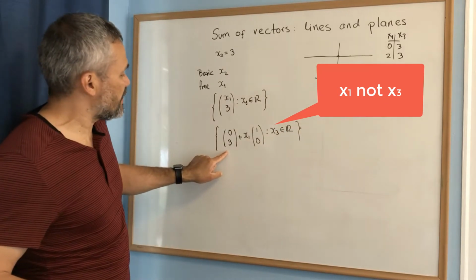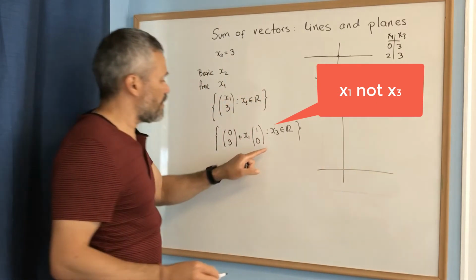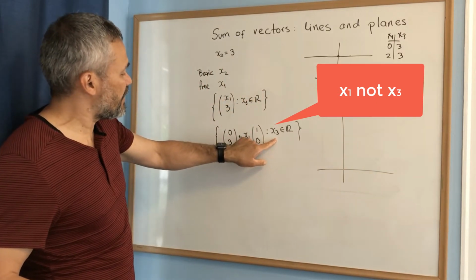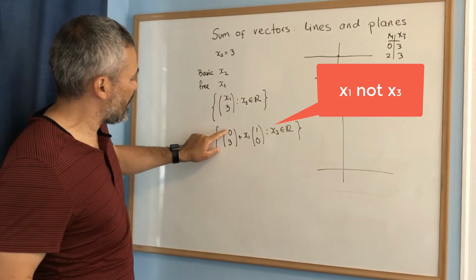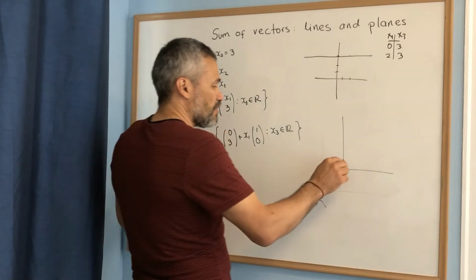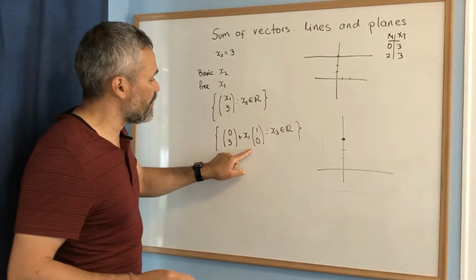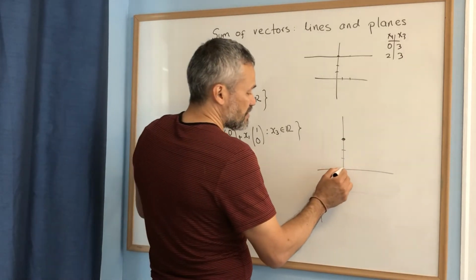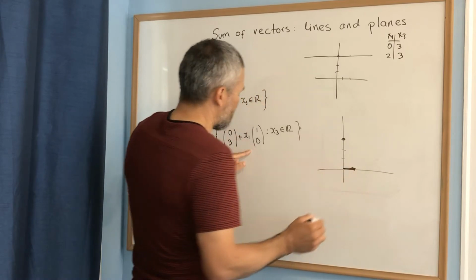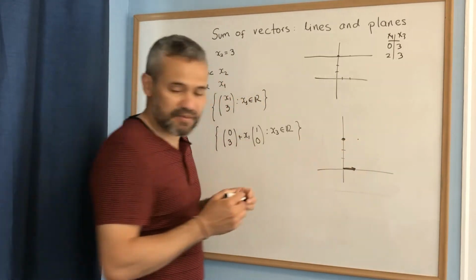Then we can see that this line is constructed in this way. We can think about the point (0, 3). This is the point (0, 3). We can think about the direction vector (1, 0). Essentially, when x1 is 1, I'm at this point.